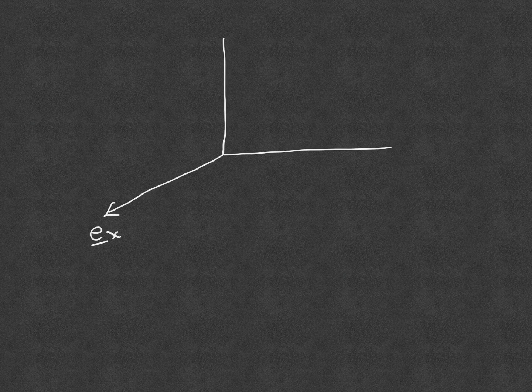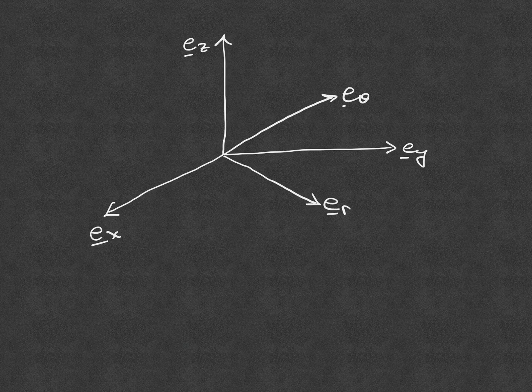So here's what the diagram looks like now. Previously I had two bases on this diagram. The bases were EX, EY, EZ, and then another basis which I had introduced, which was ER, E theta, and again EZ.